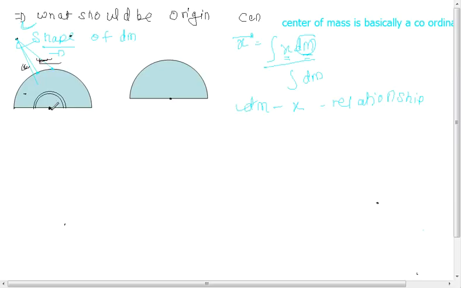It's a very, very special point. What is the special thing about it, guys? I'm going to discuss it here. Let me draw some diagrams. Just bear with me.